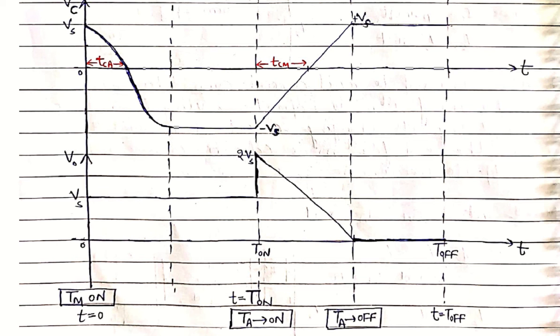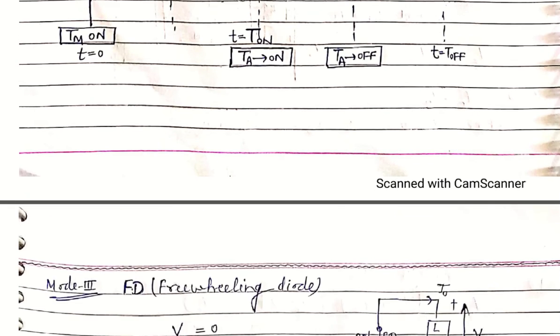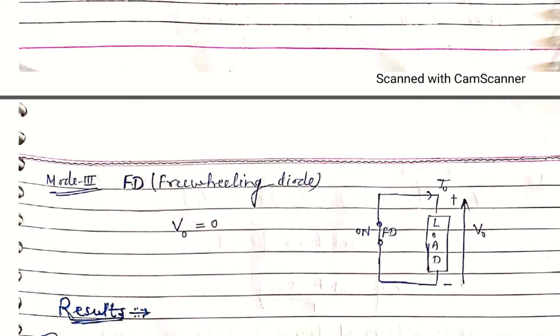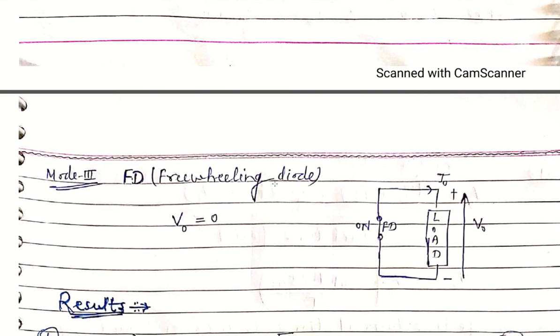And now we will come to the third mode of conduction. What happens? As we know, in the first mode the main thyristor is on. In the second mode the auxiliary thyristor is on. So both are commutated. Now our freewheeling diode comes into the picture. When the freewheeling diode is on, the output voltage will be short circuited.